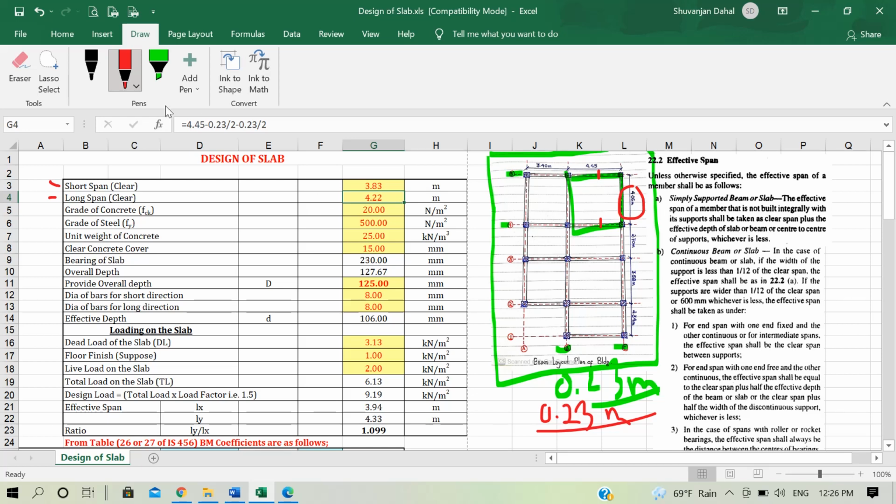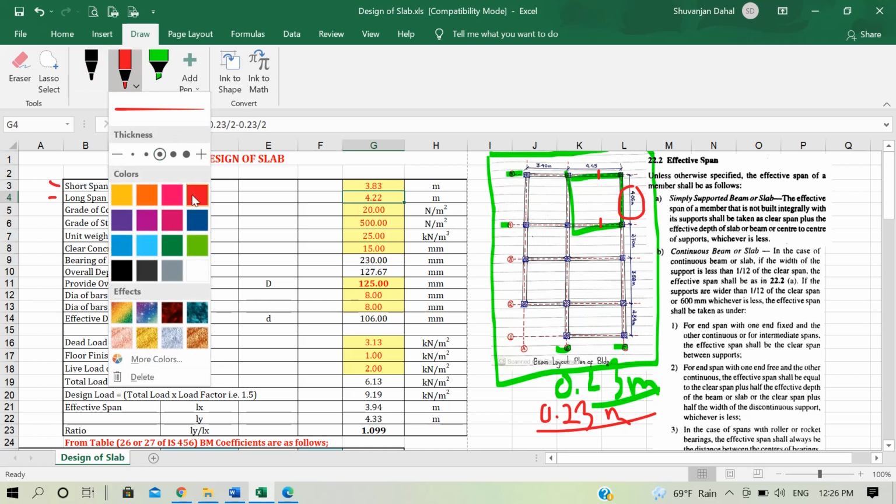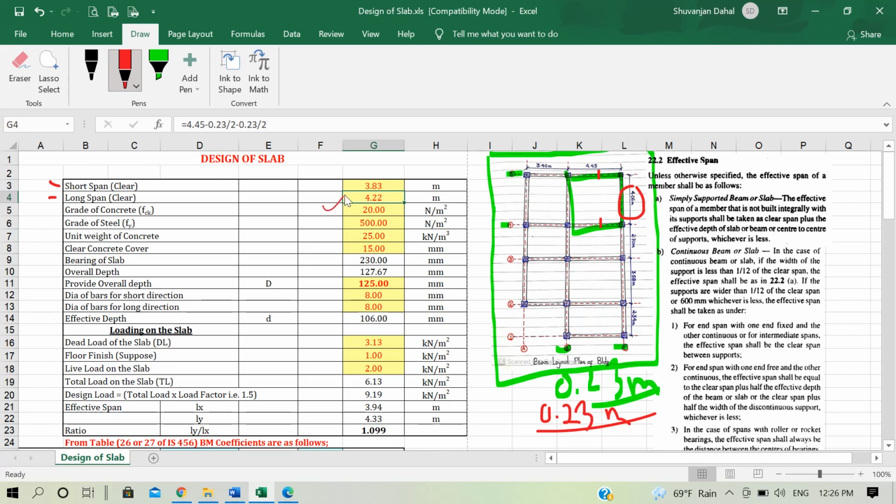And grade of concrete will be 20 Newton per mm square. Sorry, let me correct this. This is Newton per mm square. And grade of steel is 500 Newton per mm square. That is 500 grade steel and 20 grade concrete.